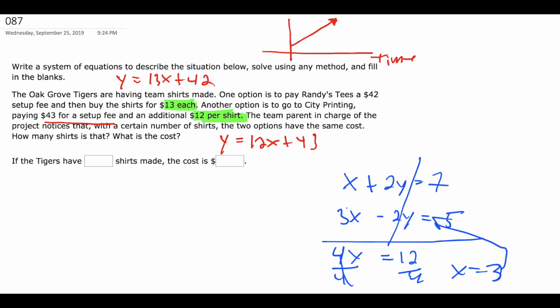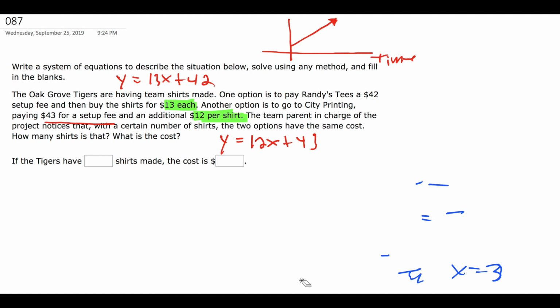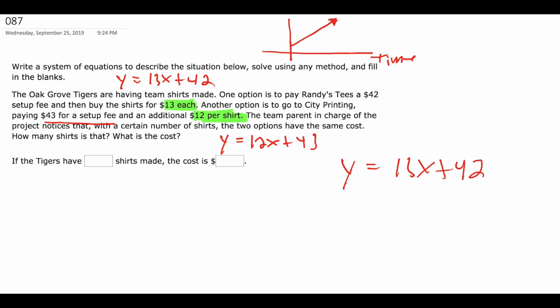That's elimination. This would not be a good elimination problem because if you stack them, they don't wipe out easily. So you have y equals 13x plus 42, and you have y equals 12x plus 43. Actually, wait a minute, now I want to do it, because look, these are both y's.